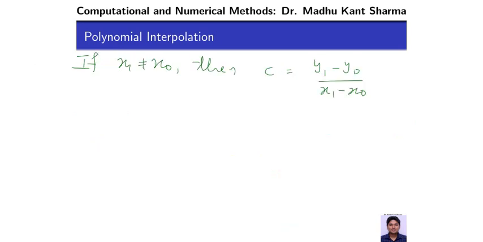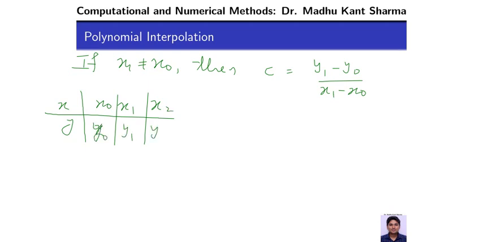Similarly, you can proceed in a similar way. If you add one more point, x0, x1, x2, with y0, y1, y2, let's say the third case, so for n equals 2, three given points.